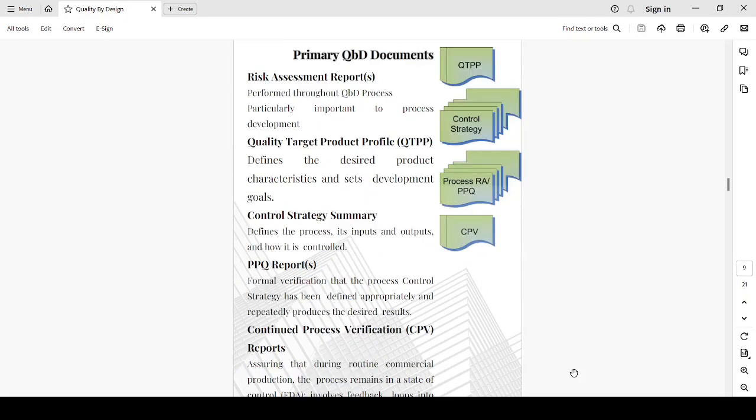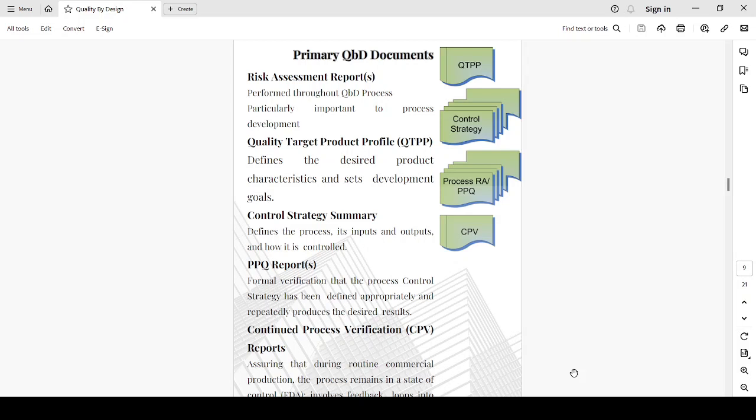The primary QbD documents, if we see, the first is the risk assessment report. It's performed throughout the QbD process, and is particularly important to process development. Then the quality target product profile, which defines the desired product characteristics and sets development goals. The control strategy summary defines the process, its inputs and outputs, and how it is controlled.